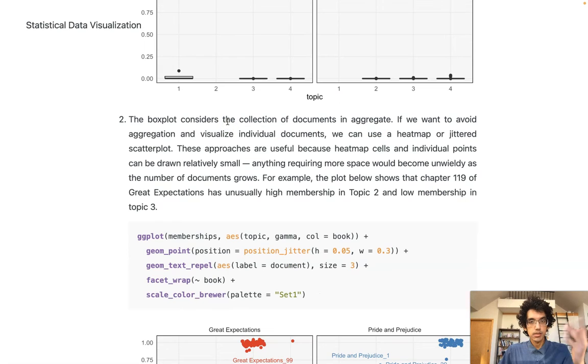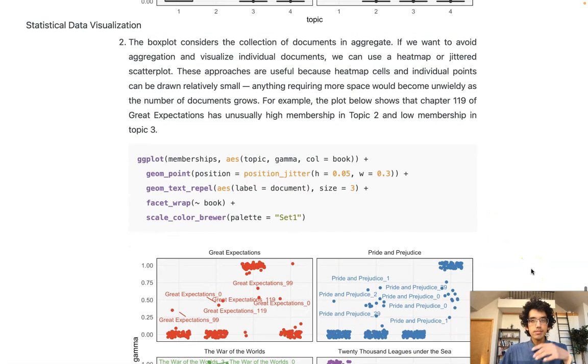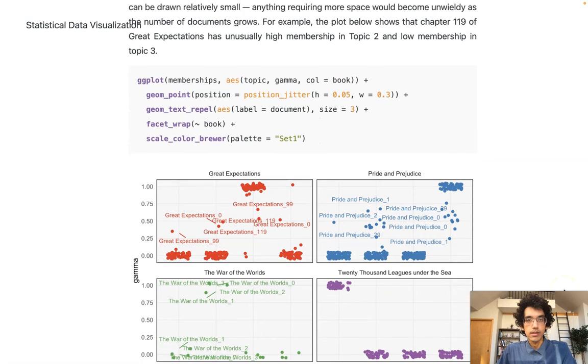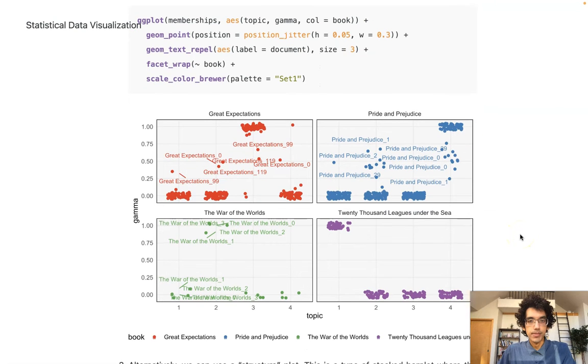If we want to visualize the individual documents, here are a few approaches. One is we can just try plotting the individual documents as points. Here, this is just one chapter from Great Expectations. You can see it has a lot of topic 2, and then low in the rest.